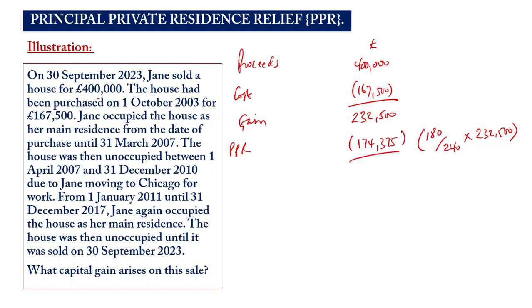So the chargeable gain now will be 58,125.